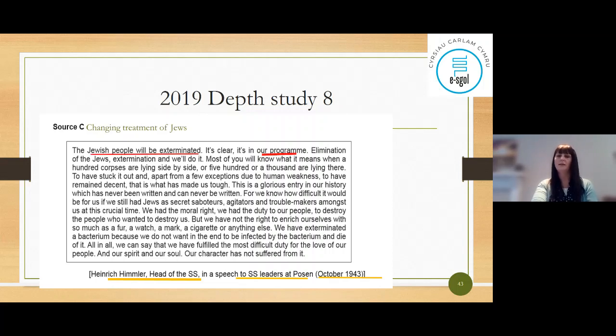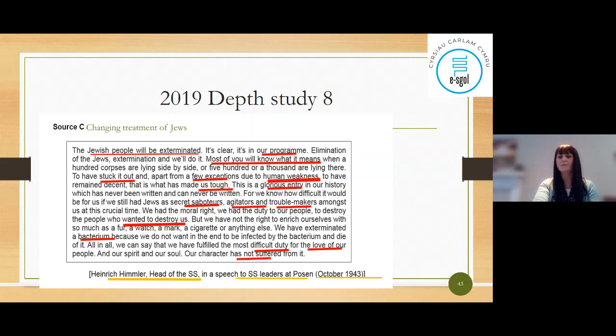Okay, so highlighting things like the words that they're using, the ferocity of the words, the way that they're trying to explain what's happened in this horrible way, and getting an overview of what Himmler is saying in this speech to the SS.